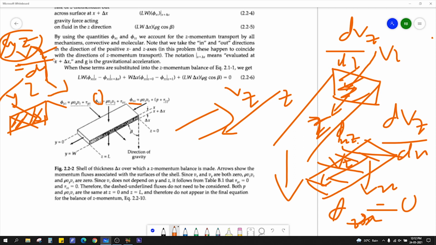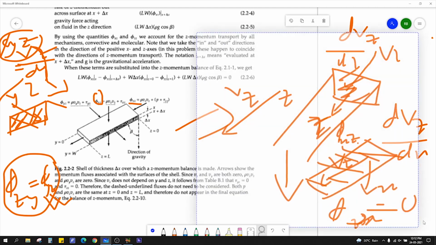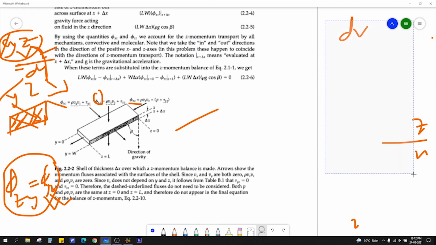You have to ignore other values because those values are zero. Obviously, phi zy and phi yz are symmetric, so they will be equal, and you have to consider any one appropriately. Okay, now you have understood why only certain values are taken.